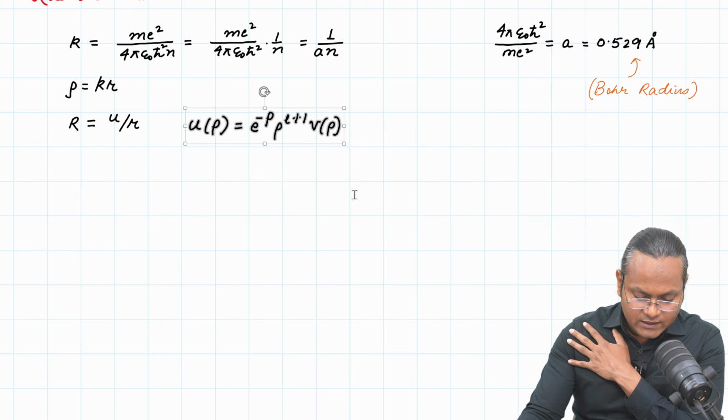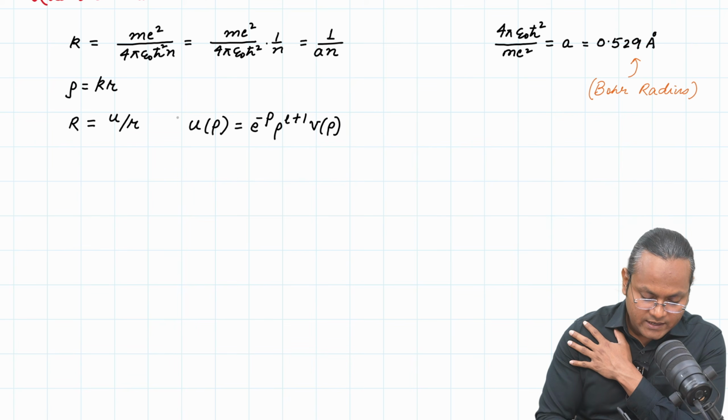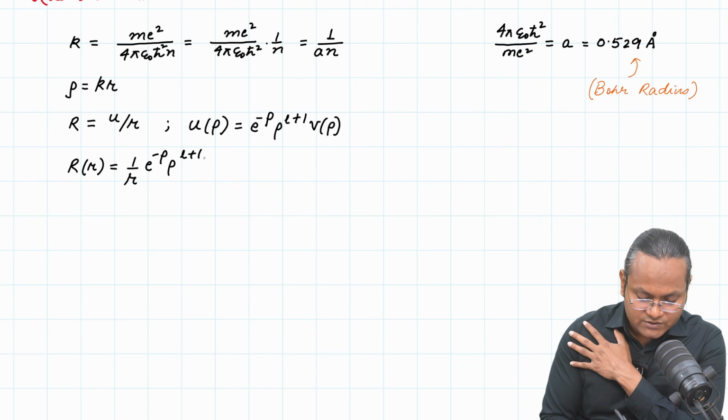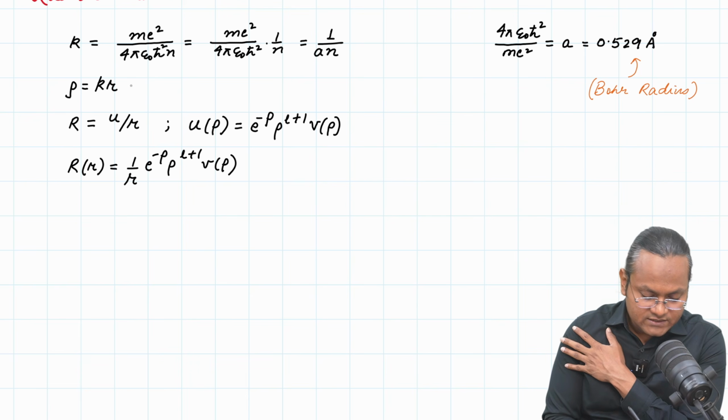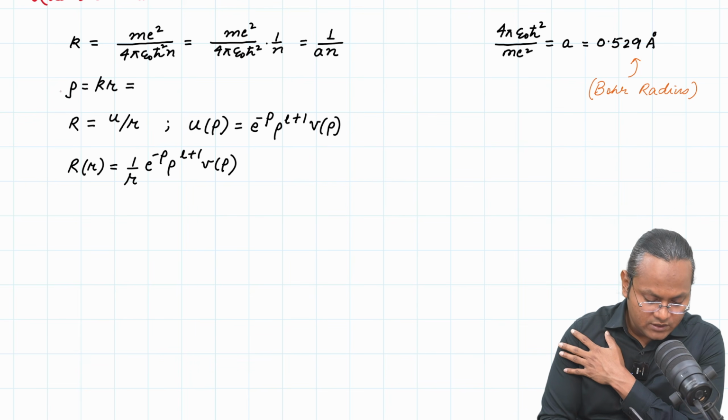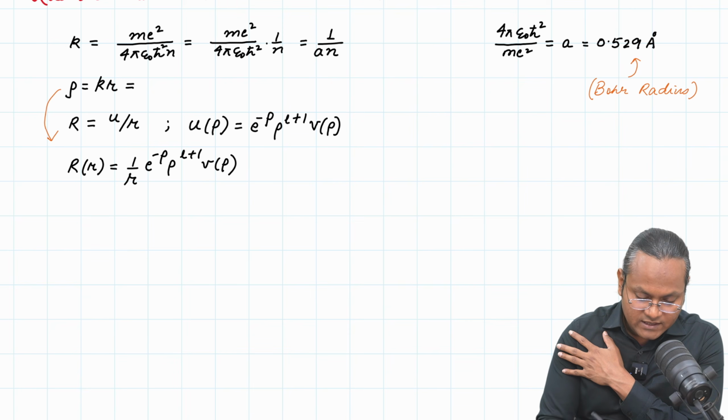So therefore, finally, R, which is a function of r, is written as u upon r. So we have 1 upon r, e to the power minus rho, rho to the power l plus 1, and then you have v of rho here, which can further be simplified. If I write this rho as a substituted value, then k is nothing but 1 upon n, so you have r upon a n.